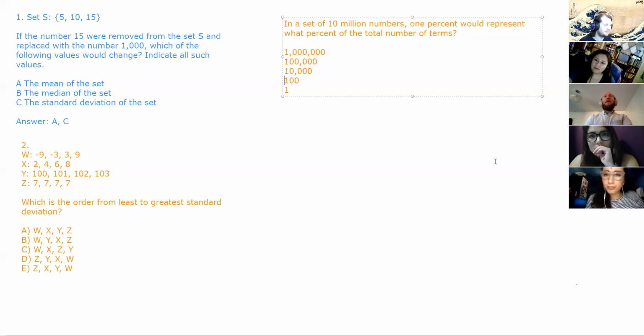What does term mean in this situation, as opposed to a number? A term is an element within the set. But aren't all the numbers elements within the set? So is this just asking us if we know that... okay, I'm confused. Because I would think it would just be 10 of 10.